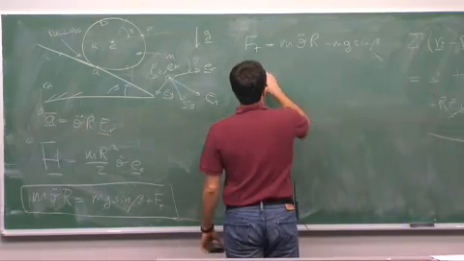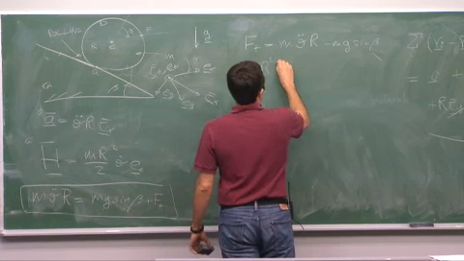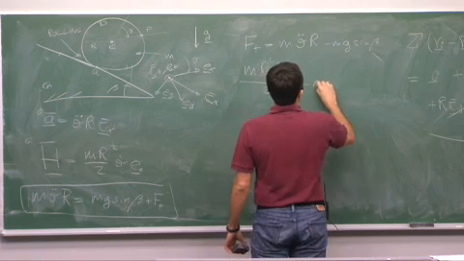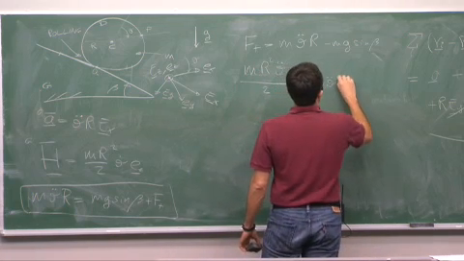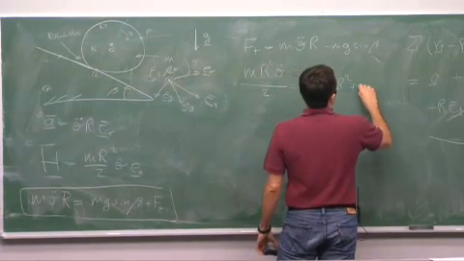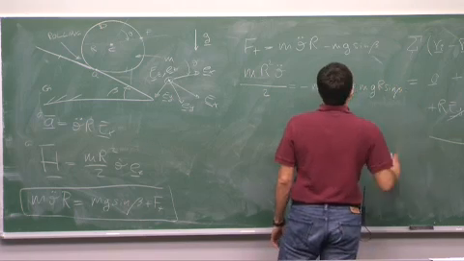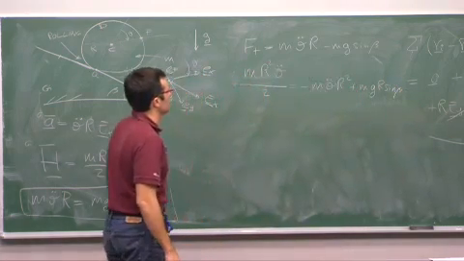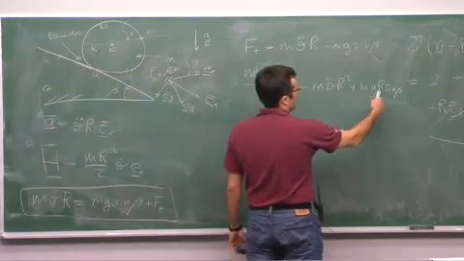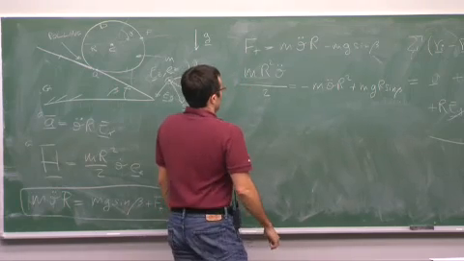I plug it in there, I get m r squared theta double dot over 2 is equal to minus m theta double dot r squared. I'm multiplying everything times r plus mg r sine of beta. That looks like a differential equation. Everything is known. This is a known angle, radius, g, mass. Everything is known except the angle. And that's what I want.